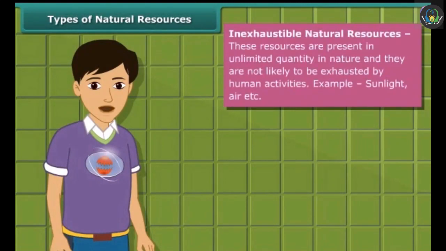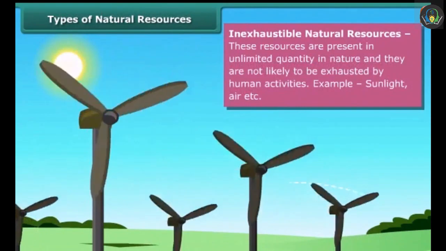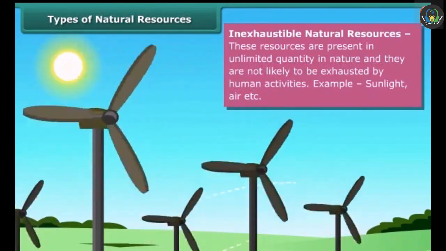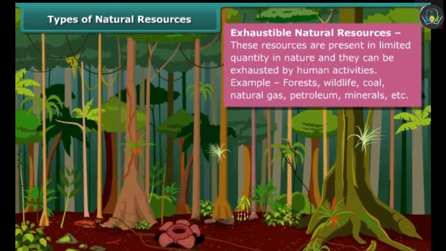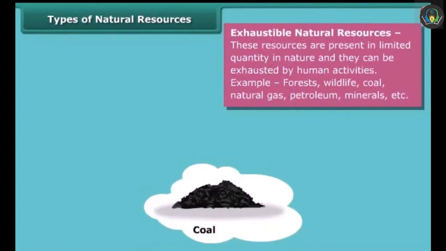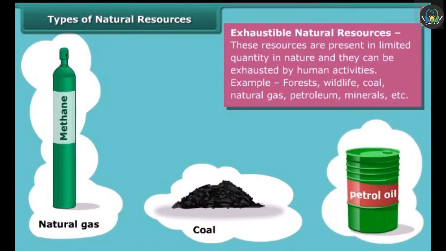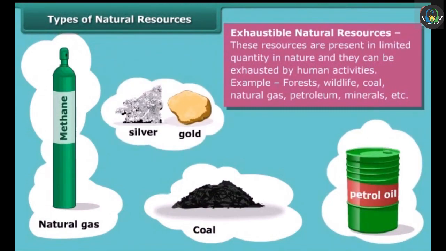Inexhaustible natural resources are present in unlimited quantity in nature and are not likely to be exhausted by human activities, like sunlight and air. On the contrary, exhaustible natural resources are present in limited quantity in nature and can be exhausted by human activities, like forest, wildlife, coal, natural gas, petroleum, etc.